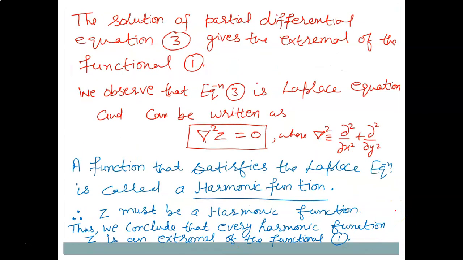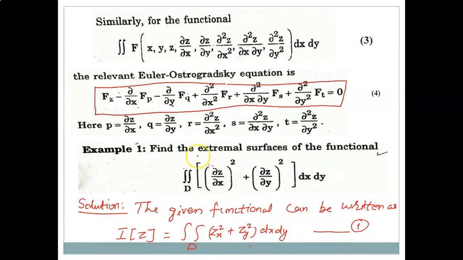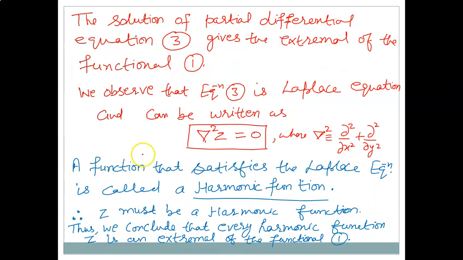So next you can see the solution of the partial differential equation 3. This equation 3 gives you the value of z. And what is z? Z is the extremal for this functional. So you can say the solution of partial differential equation 3 gives the extremal of the functional 1.